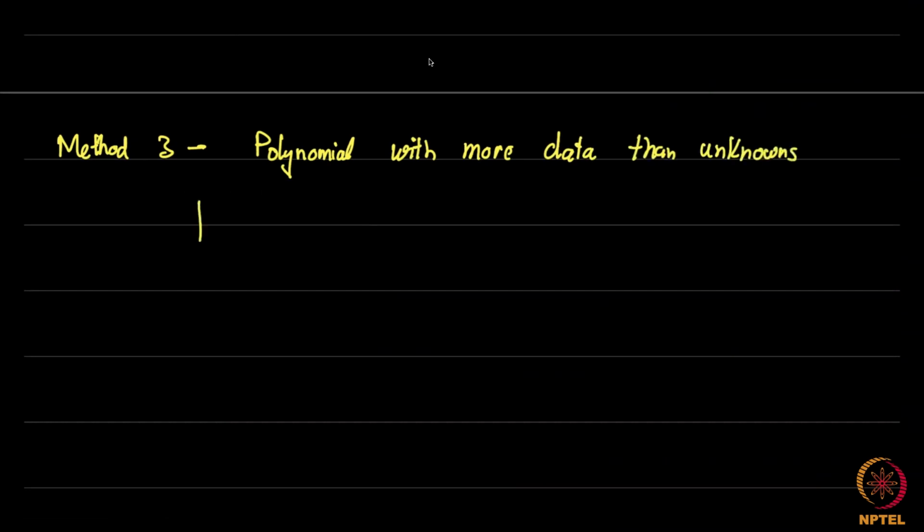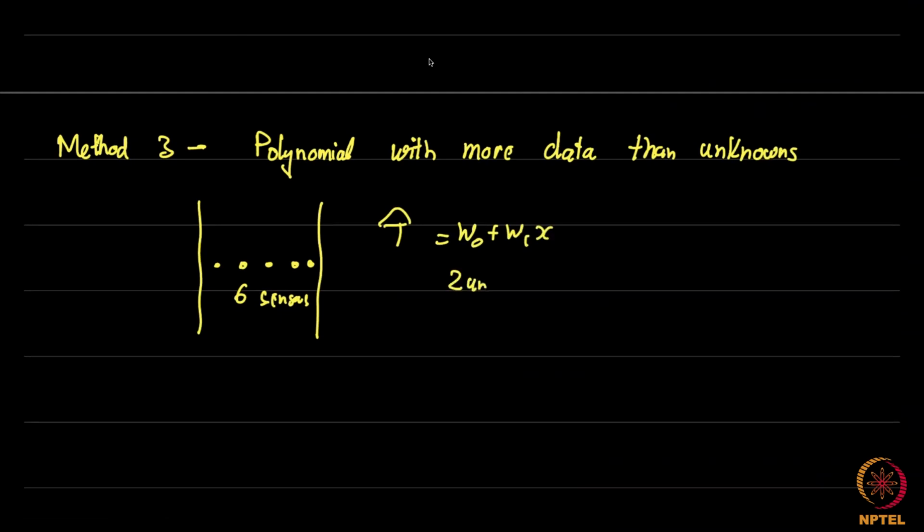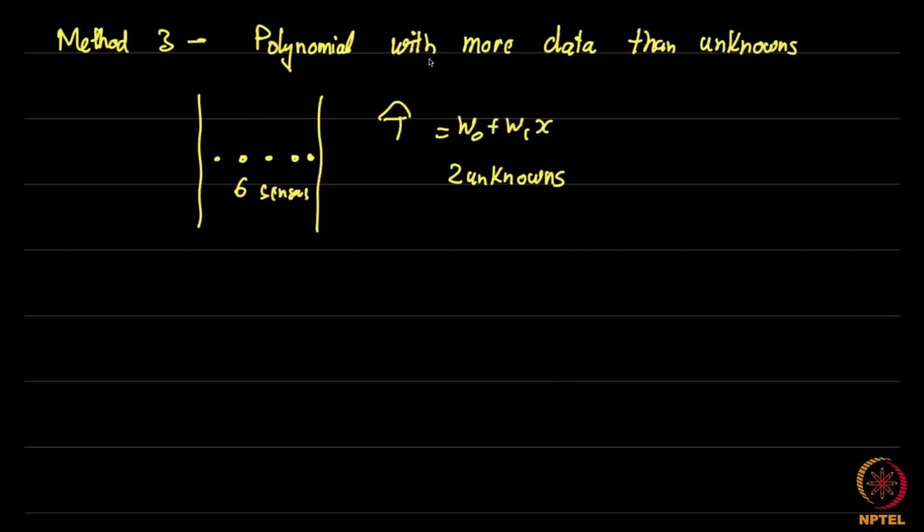Where have we seen this before? In the slab problem. In the slab problem, we had 6 sensors, but our T hat was simply W0 plus W1x, only 2 unknowns. So instead of trying to satisfy every single thing, all I say is, okay, you have a prediction. This is the prediction.